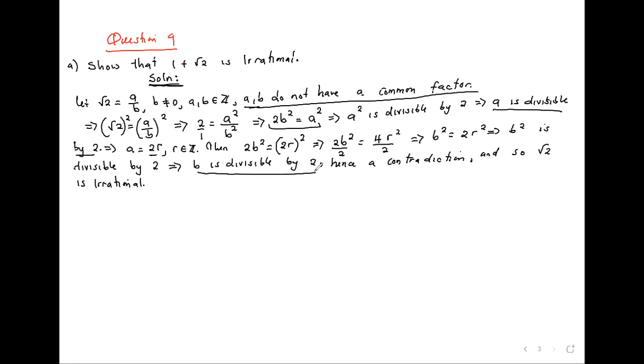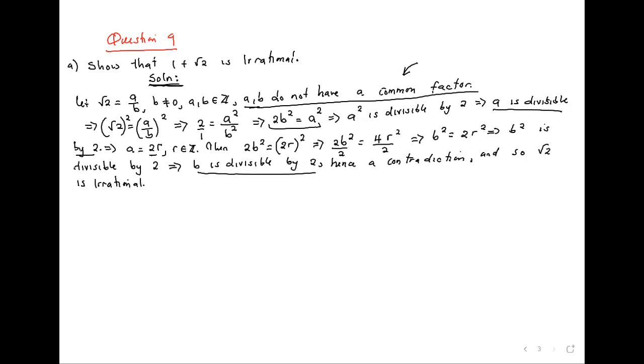If a number is divisible by some other number, it means that that number is a factor of that number. So having 2 a factor of A and a factor of B contradicts the fact that we assumed that root 2 is A over B, which meant that root 2 was rational. But now, because of this contradiction, root 2 is irrational.